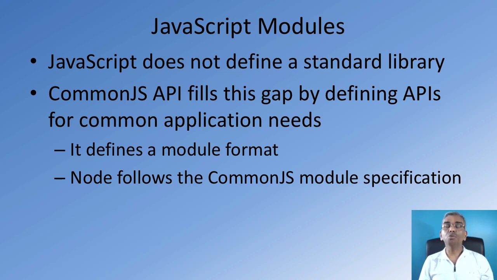And obviously, you want to be able to break your application into multiple files. Now, unlike traditional programming languages, JavaScript never had a way of distributing the code into multiple files and then combining them together. So this is where the CommonJS API came in to fill in this gap, that fills in the needs for some common applications.